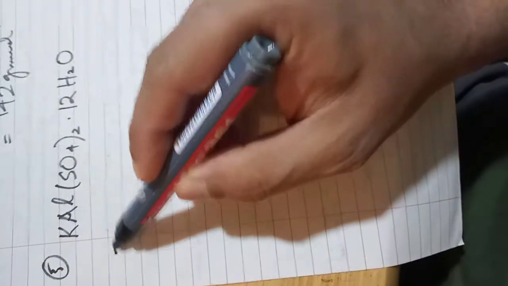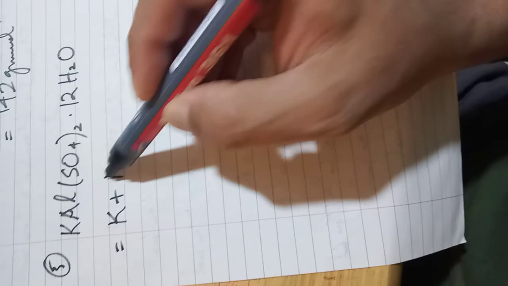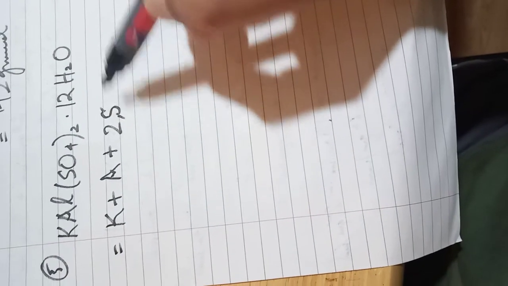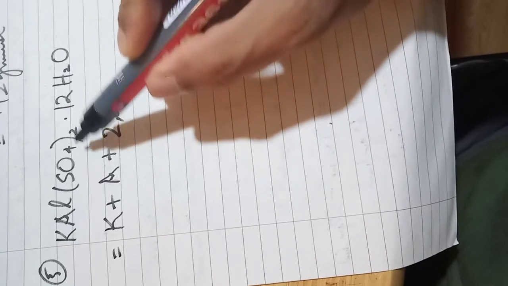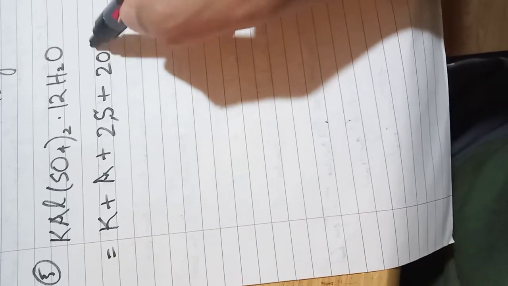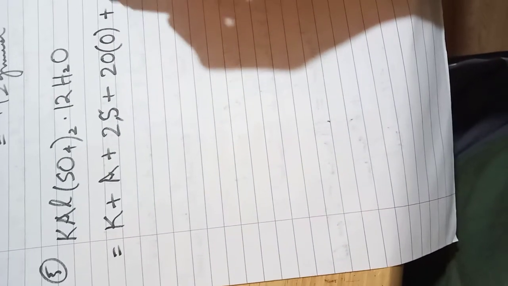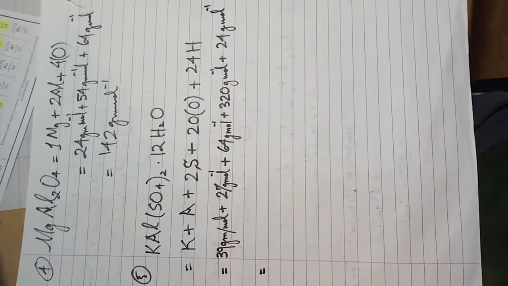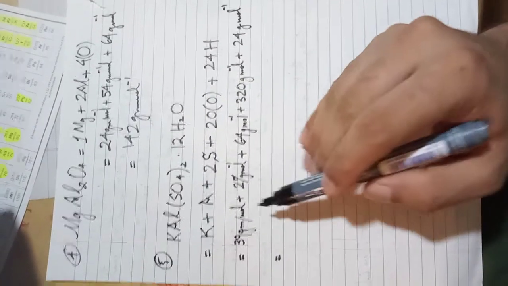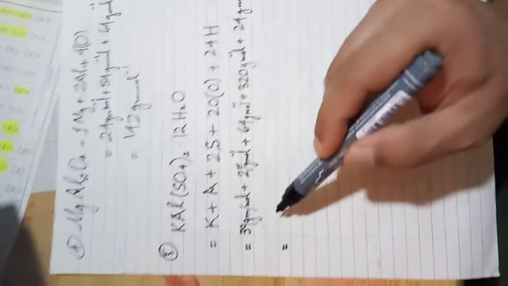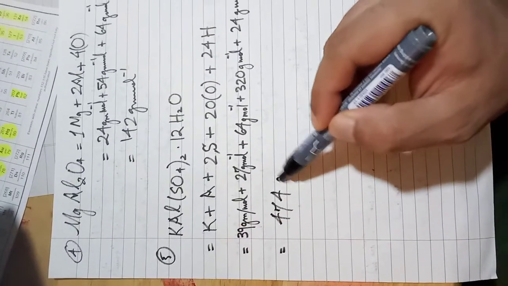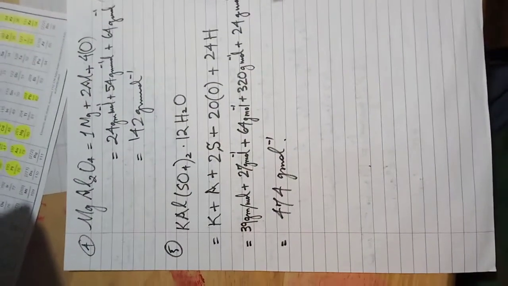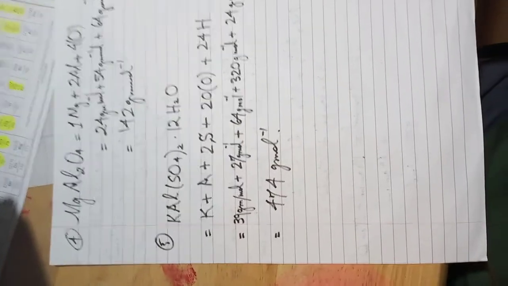So that'll be 1 atom of potassium, 1 atom of aluminium, plus 2 atoms of sulfur, plus 8 and 12, 20 atoms of oxygen, plus 24 atoms of hydrogen. This is how I've broken it down, and the total relative molecular mass comes out to be 447 grams per mole for this complex ore of aluminium.